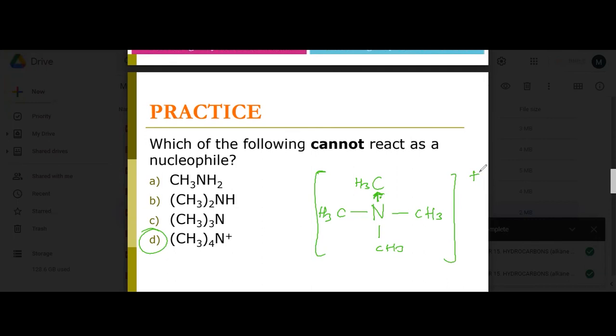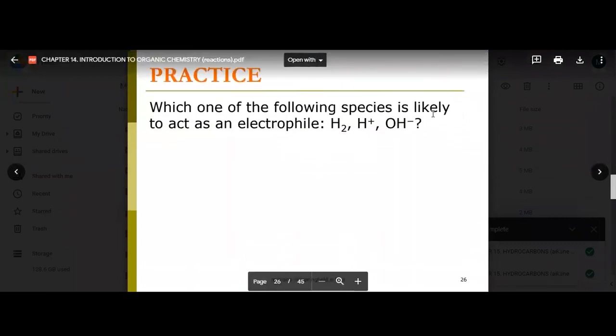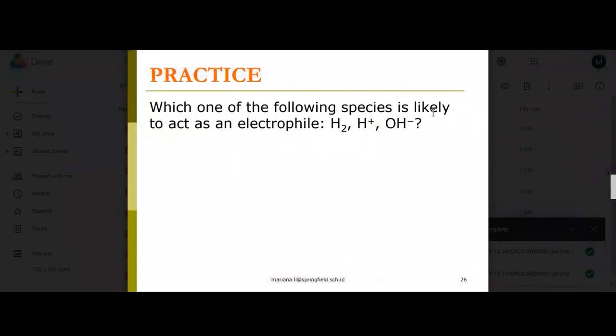So this species will not act as a nucleophile since it doesn't have a lone pair anymore to donate, right? It is full and has 4 bonds. So it will not act as a nucleophile, while the others still have lone pairs that can be donated. This one is an electrophile: an electron deficient species, an acceptor of pairs of electrons. So it's plus.